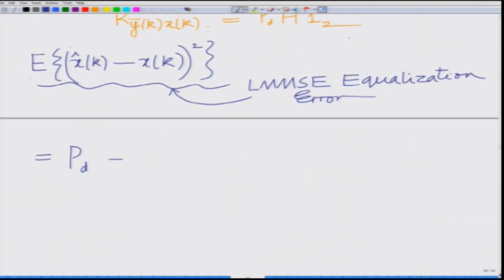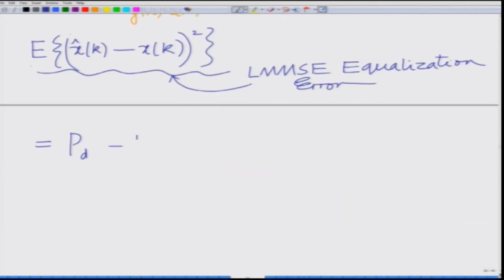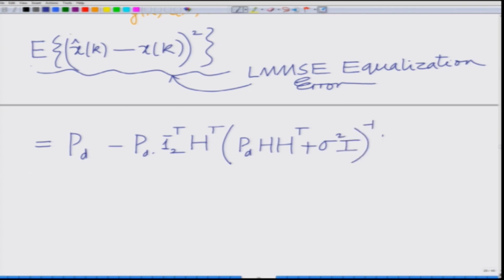So this will become minus PD 1 bar 2 transpose H transpose times (PD H H transpose plus sigma square I) inverse into PD into H into 1 bar 2.